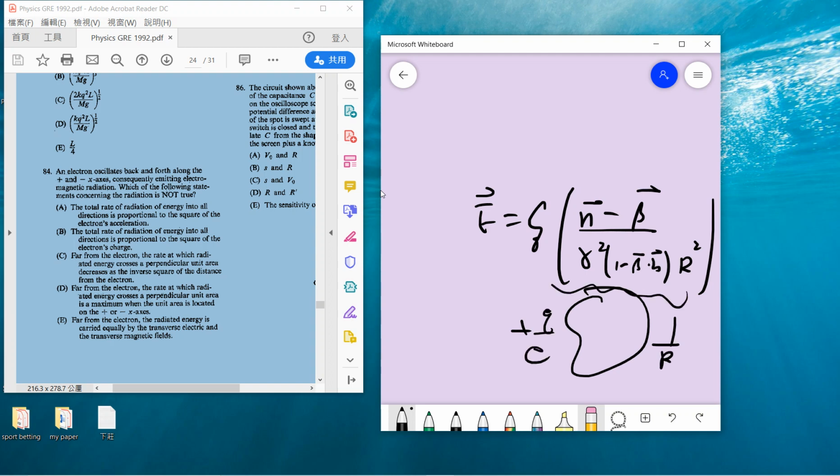This is the original Coulomb term, and this is the radiation term. The numerator on this term is n times n cross something. So C is correct, because they say perpendicular unit area, which is this term. So D is not correct.